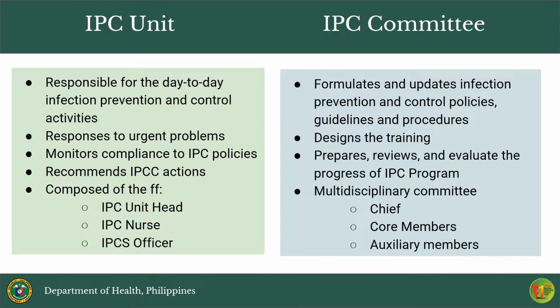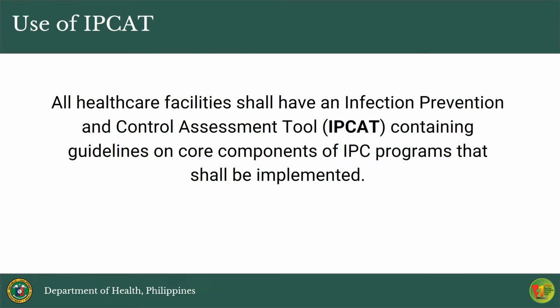They prepare, review, and evaluate the progress of the IPC program. Lastly, it is a multidisciplinary committee. Full list of the responsibilities are seen in Chapter 1 of the manual. Finally, all healthcare facilities shall have an infection prevention and control assessment tool containing guidelines on core components of IPC programs that shall be implemented.